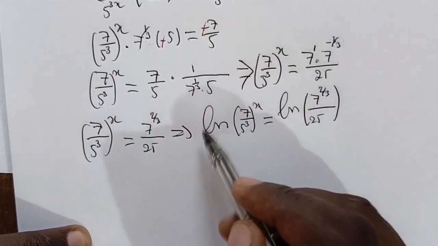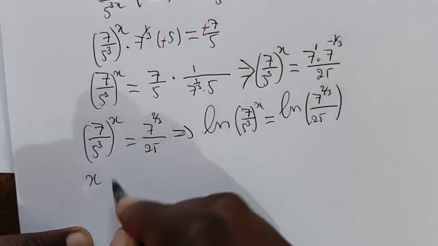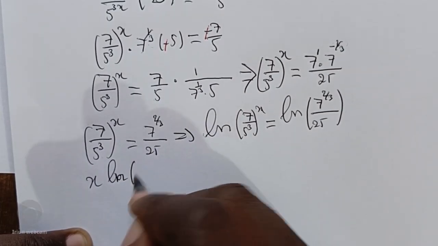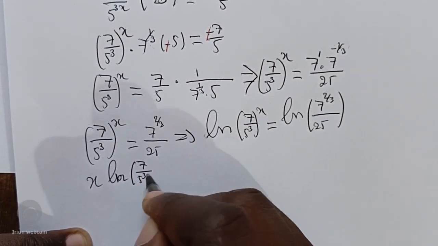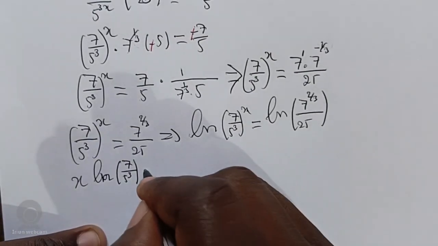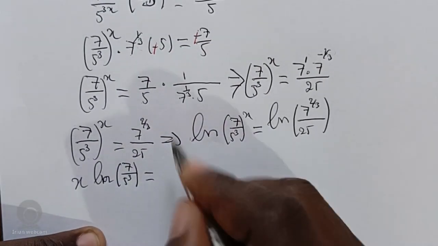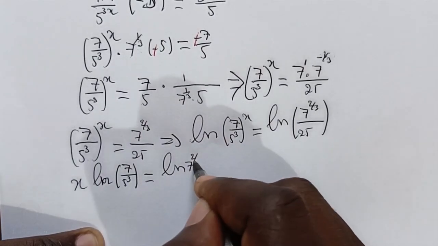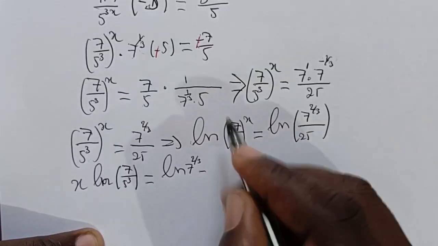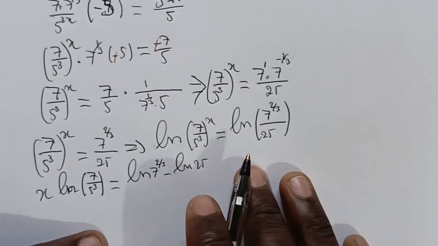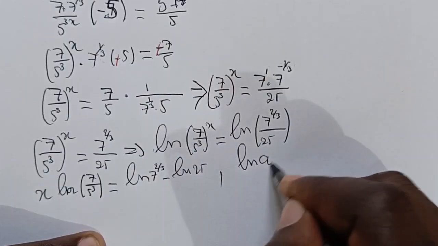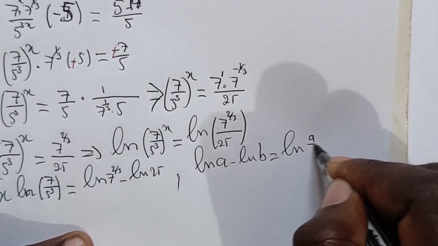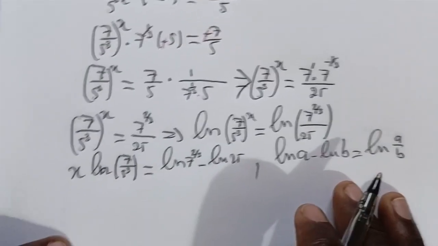I'll take this x down here to have x into the natural log of 7 over 5 raised to 3. And this will be the natural log of 7 to the power 2 over 3 minus the natural log of 25. Remember that the natural log of a minus the natural log of b, this is the natural log of a over b. This is what I did.